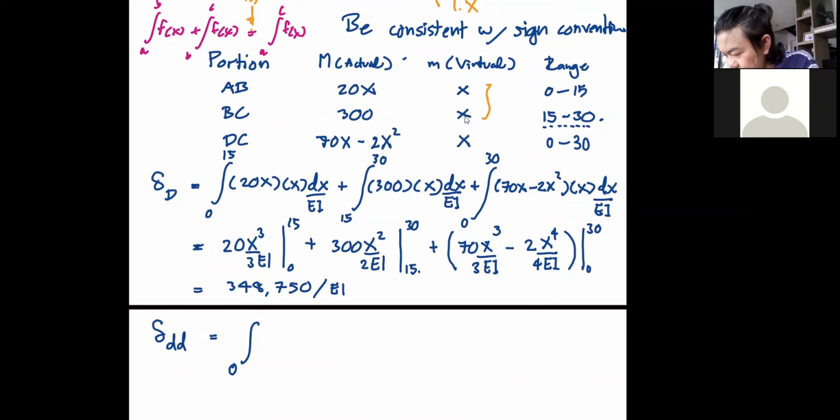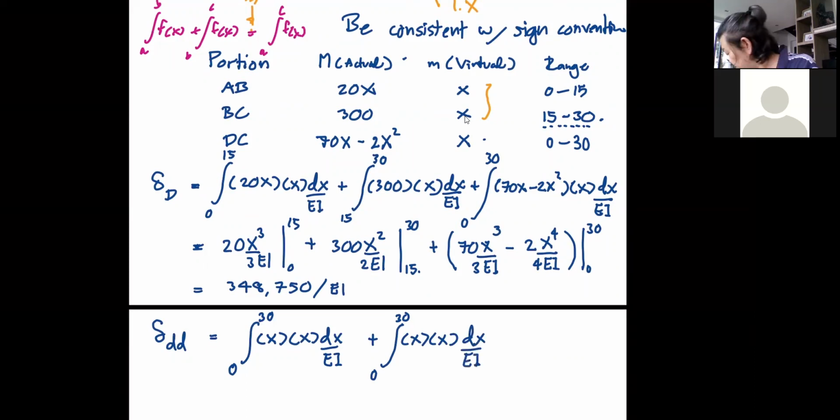It looks like the integral from 0 to 30, and my actual load is x. My virtual load is also x, dx over EI, plus another equation which just looks the same. In order to avoid your confusion, let me write another integral that looks just the same, so that you know this one represents member CD.